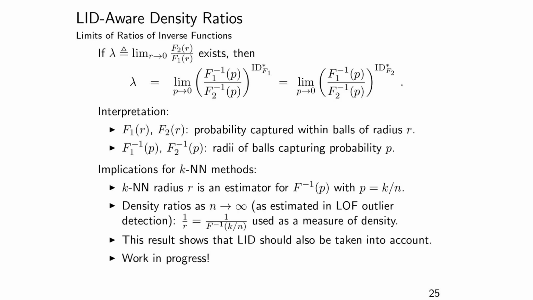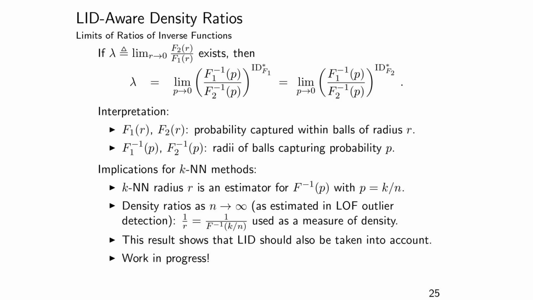So in a k-NN method, if we have p equal to the k nearest neighbor value as determined by the ratio of k, our neighborhood size, over n, our sample size, and we take that as a probability value p, then the inverse of f on p just gives us a radius at which that probability would be exactly obtained in a distributional sense.